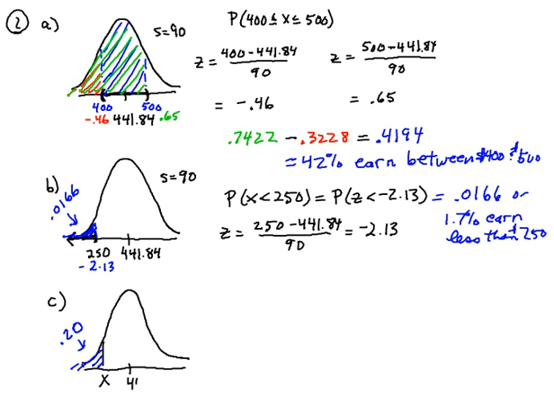The average, again, is 441.84. Standard deviation is 90. Now, like in problem number 1, we worked a problem like this, only the percentage we were given was on the upper end.